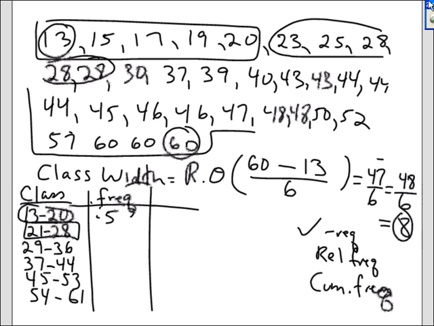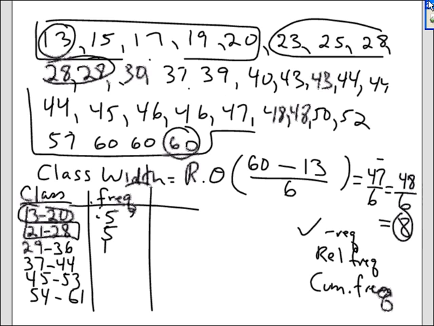So the frequency for that class is 5. 29 to 36 just has those two numbers. 37 is not between 29 and 36. Okay, so it should just be 1.